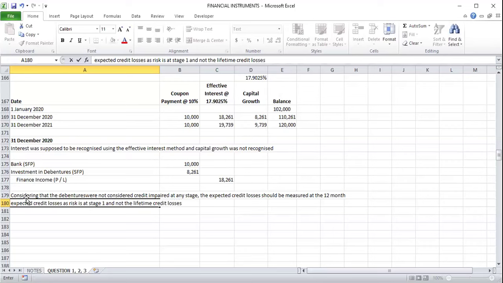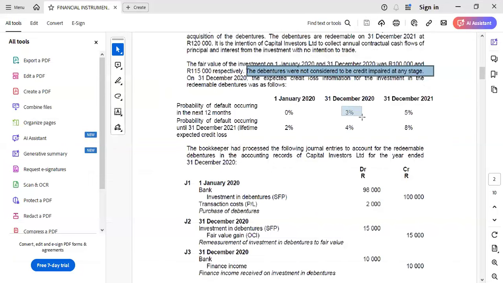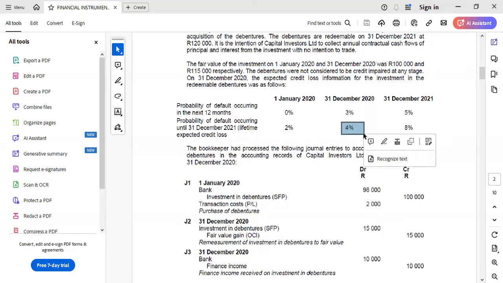But if they said that the credit risk was considered to have increased significantly, then we're going to use the lifetime. So it was wrong to use the lifetime here; they were supposed to use the 12-month to calculate our credit losses. Whenever the credit risk has not increased, use the 12-month credit losses. But if they said it had significantly increased, use the lifetime.